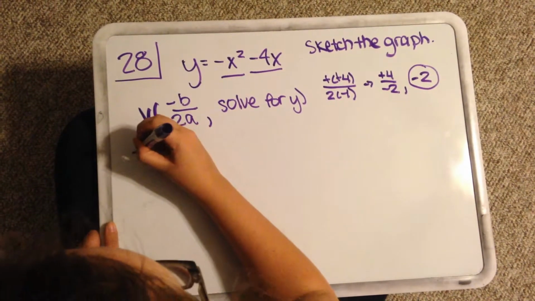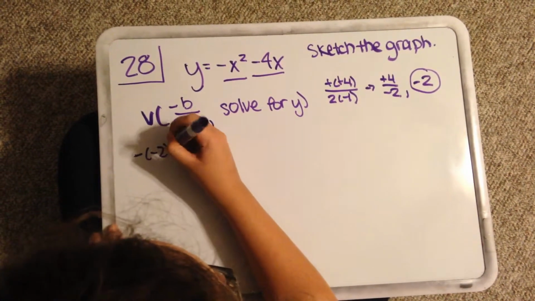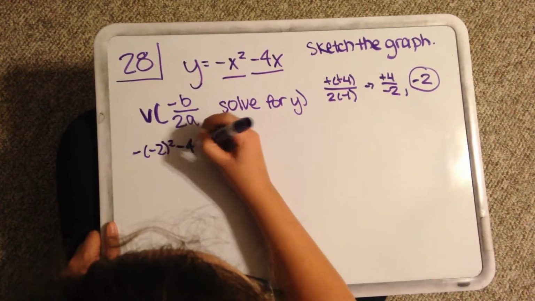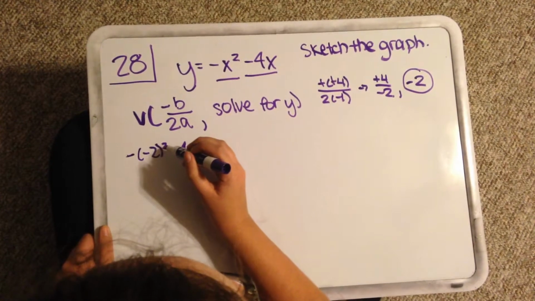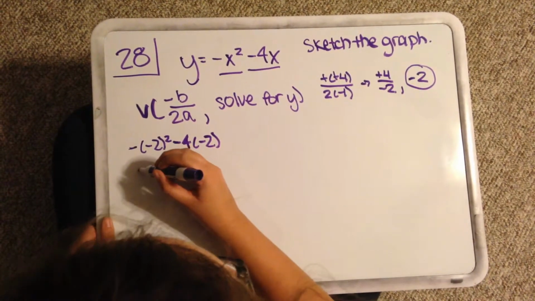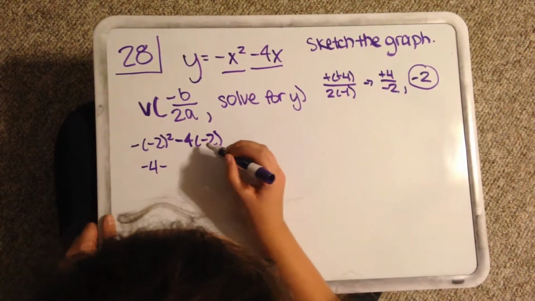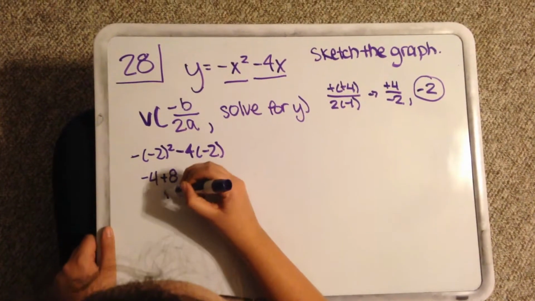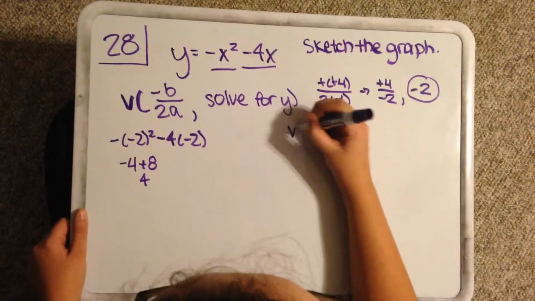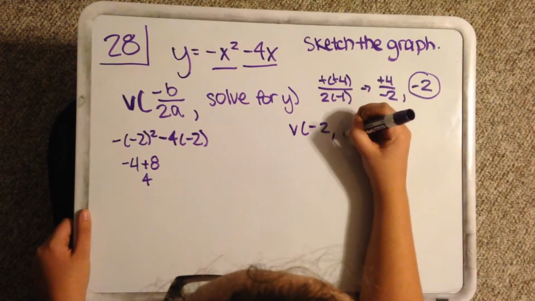And so then you're going to have negative 2 squared minus 4 times negative 2. Negative 2 squared is 4 times negative is negative 4, minus negative 4 times negative 2 is plus 8, and you get 4. So your vertex you now know is negative 2, 4.